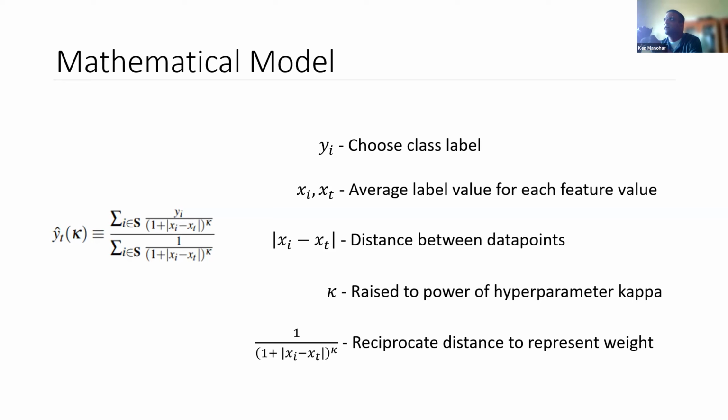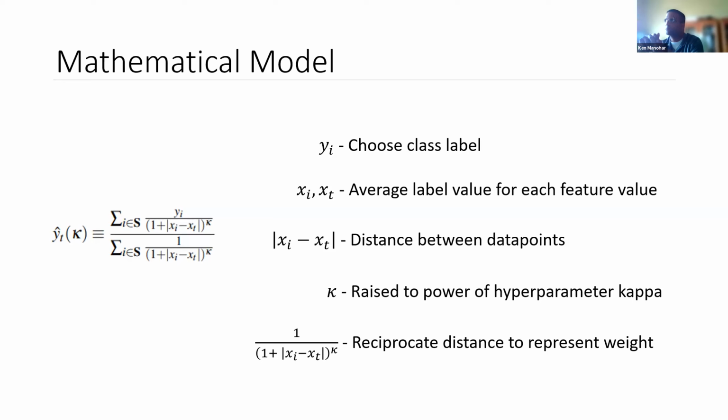And this is where the kappa parameter, this hyperparameter, comes in, because when we raise the Euclidean distance to the power of kappa, that magnifies how close or how wide the data points are. And this is where it originally started in terms of the trade-off between personalization and robustness.